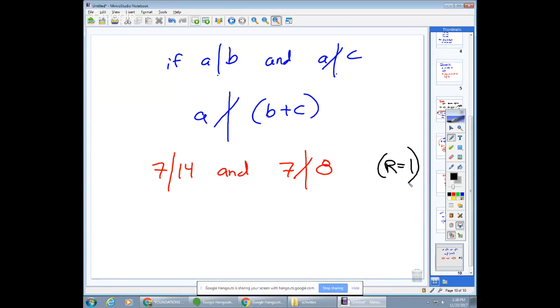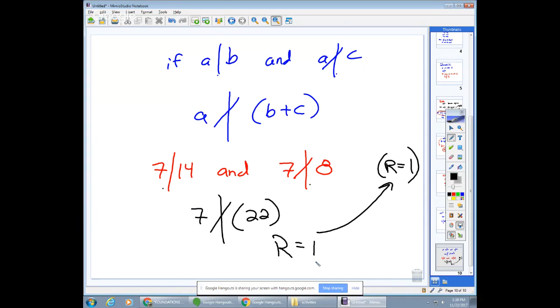If I put the two of them together, then I have 7 versus 14 plus 8, which is 22. I know 7 goes into 21, so it can't go into 22. What's the remainder here? Yeah, it's that same remainder that this brought into the picture. Because no remainder plus 1 remainder is still going to be 1 remainder there.